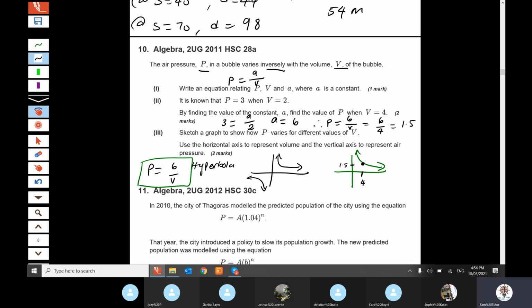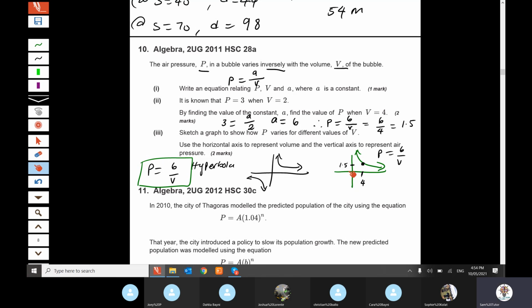Then you get full marks now. And if you want to label, that's good. If it was worth 3 marks, you should label, because then you will lose a mark. With 2 marks, you won't lose a mark for labeling, but you will lose a mark for not putting the point, because how do I know that's any different to the black one I've drawn here? They're both hyperbolas. So, be a bit more specific. All good?